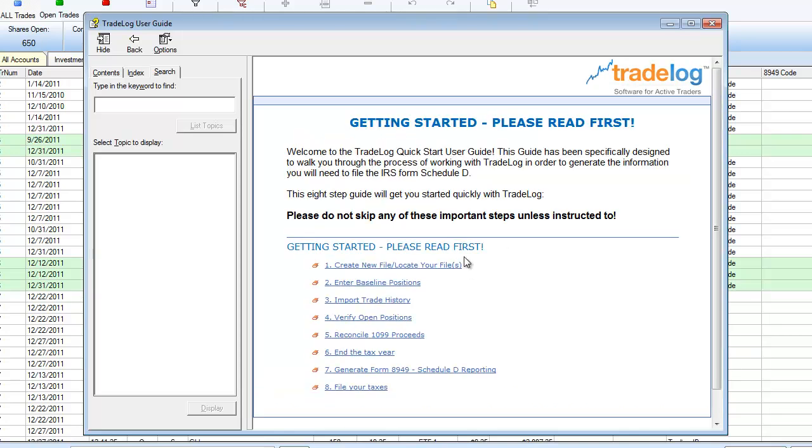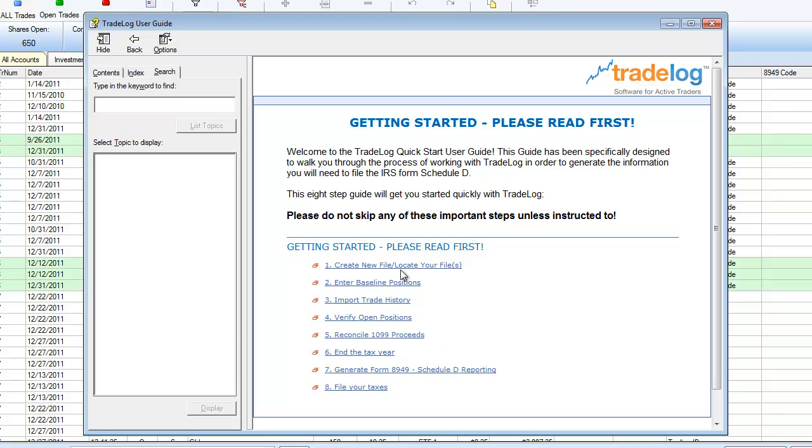please read this first. These 8 steps are the main steps involved in using TradeLog every year, no matter if this is your first time or if this is your 10th time using TradeLog to file your taxes. These steps are the steps you'll want to follow. One of the number one causes of technical support problems when people contact us is they didn't follow the instructions. And so these instructions are vital.